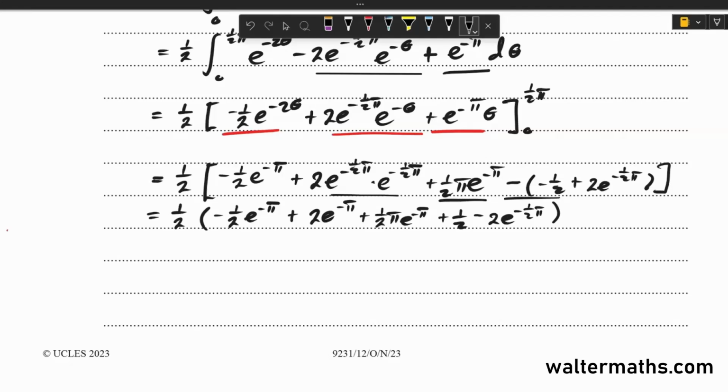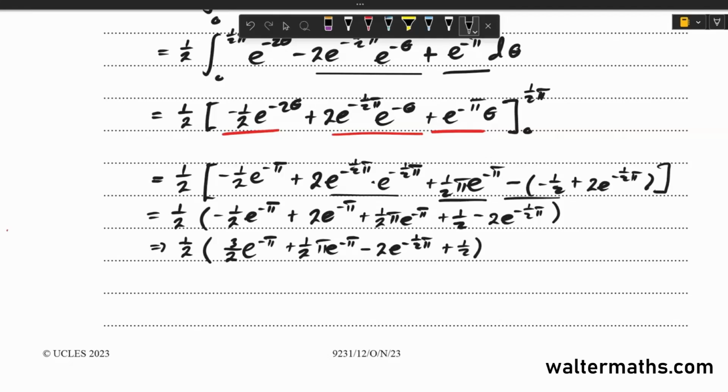All right. Now we still have the half, and minus half e to the minus pi plus 2e to the minus pi will give us 3 over 2 of e to the minus pi. And we still have the half pi e to the minus pi, and we have the minus 2e to the minus half pi, and we have the half.